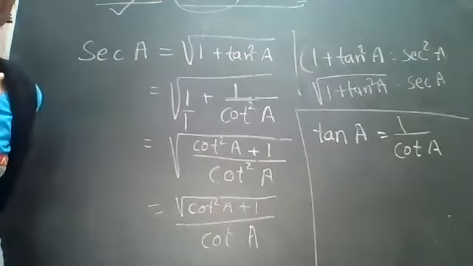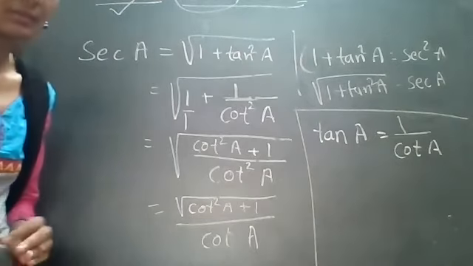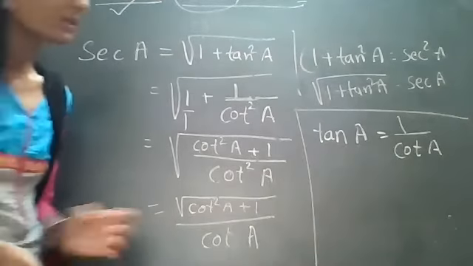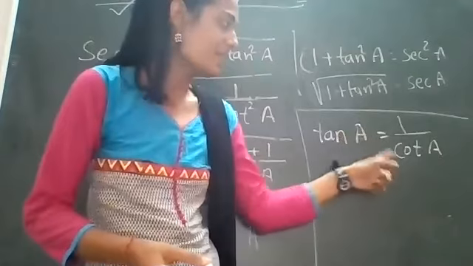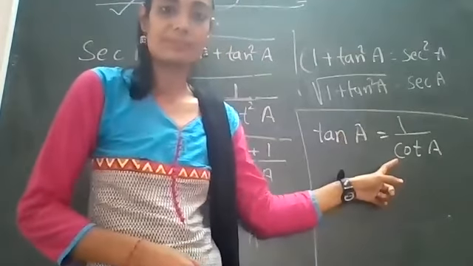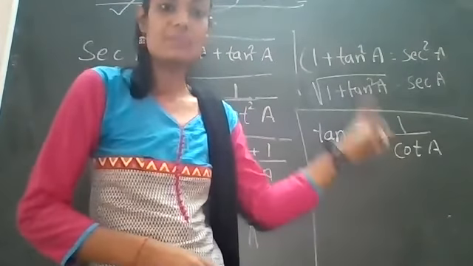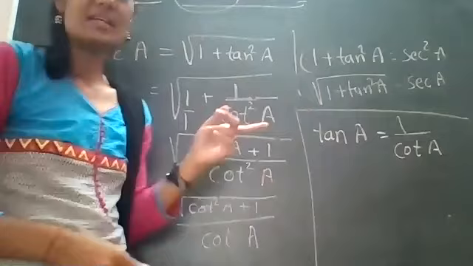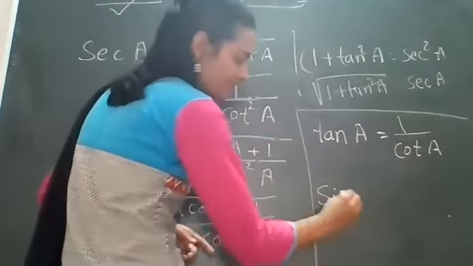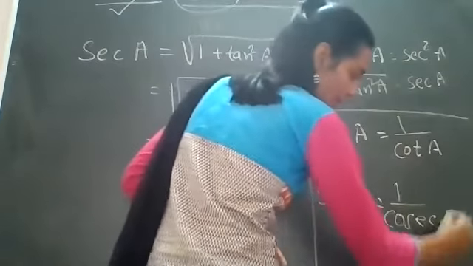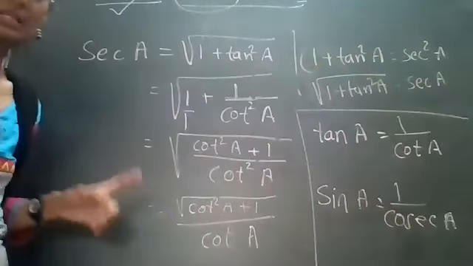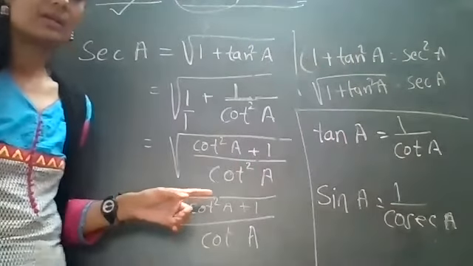मैम लास्ट में ये tan A equals to 1 upon cot A क्यों लिखा है? So as you know, tan A is a reciprocal of cot A. In the beginning we understood sin. What we can write? Sin A is a reciprocal of cosec A. Right or not? We have understood in the beginning. Yes, ma'am.